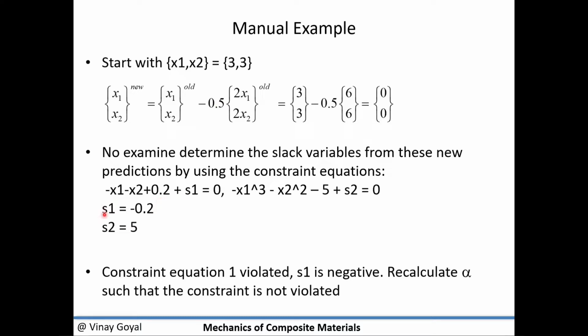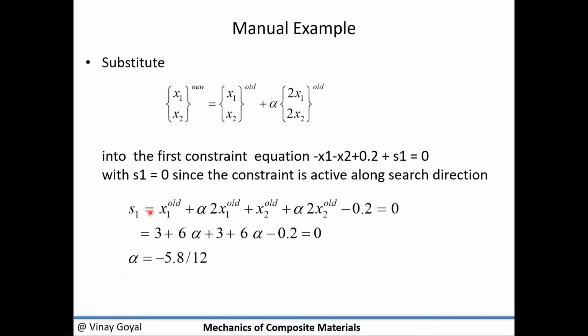And so S1, the basic variable, can be 0 if we think about it. So I'll set S1 to 0, and then I'll take the new value of x I came up with as a function of alpha and plug it in. So I have x1 old plus 2 x1 old plus x2 old plus alpha 2 x2 old minus 0.2. And I can now solve for alpha, and I get a value of alpha of minus 5.8 divided by 12.